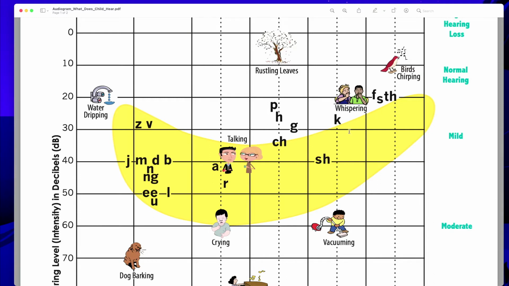Now, I mentioned that I have hearing loss, and my hearing loss is in this upper register here. It doesn't keep me from hearing many things that are loud enough in this area, but it interferes with my understanding of a lot of components of language.